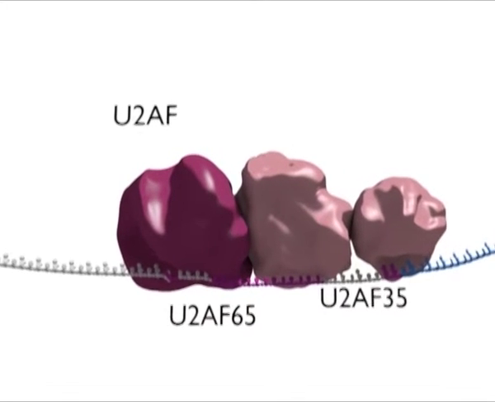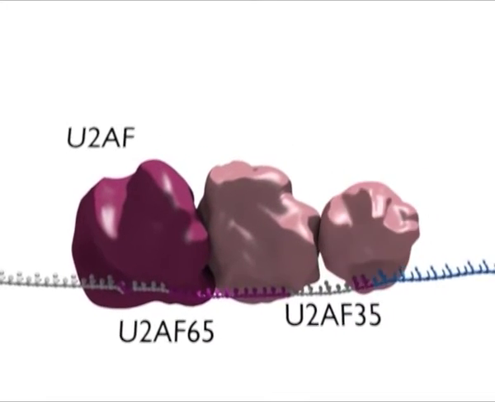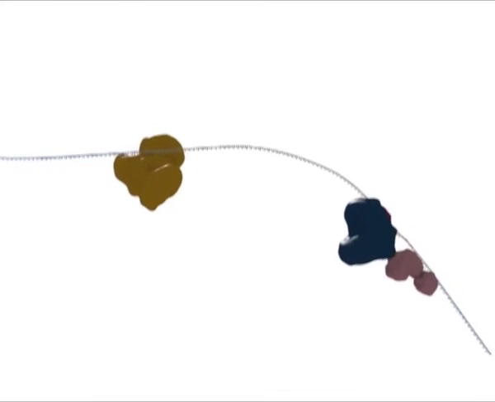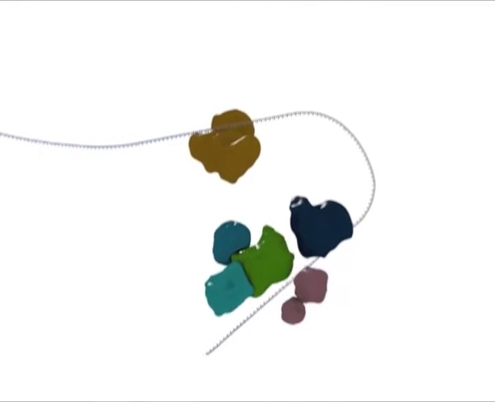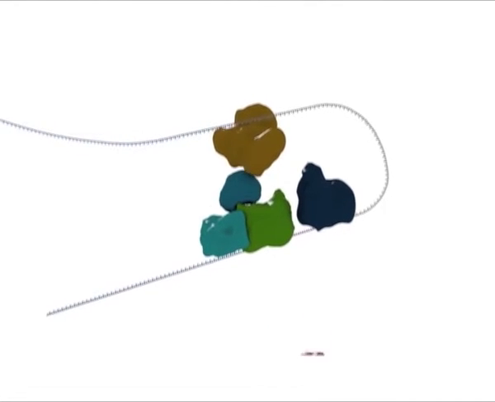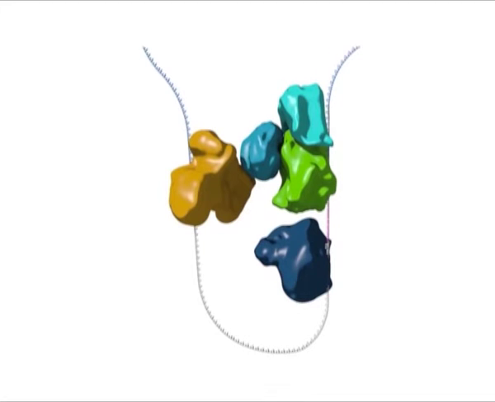U2AF65 and U2AF35 displace the BBP and bind to the branch site at the consensus sequence that contains the conserved A residue that forms the branch point in the lariat structure of the spliced intron.